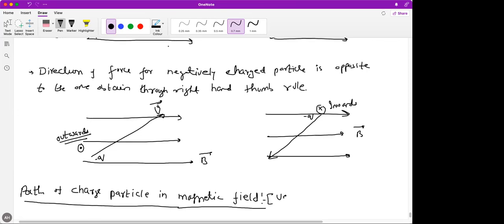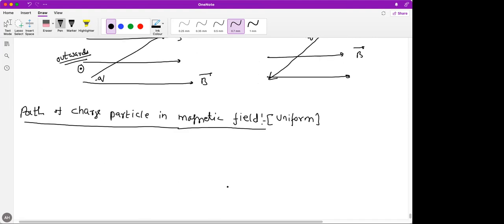And this magnetic field is uniform. Path of charged particle in uniform magnetic field. So we have a few cases.